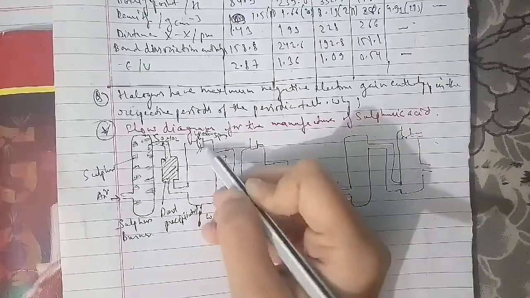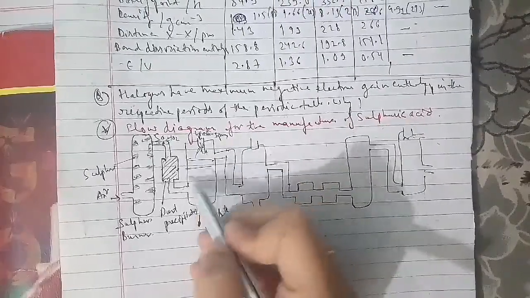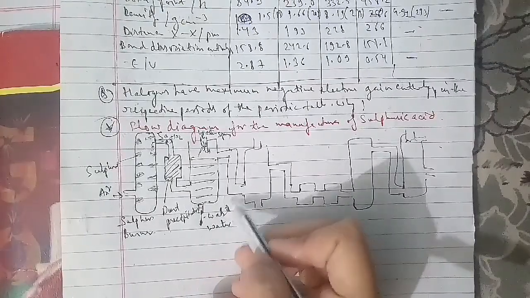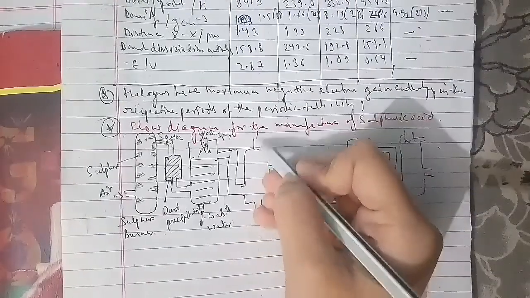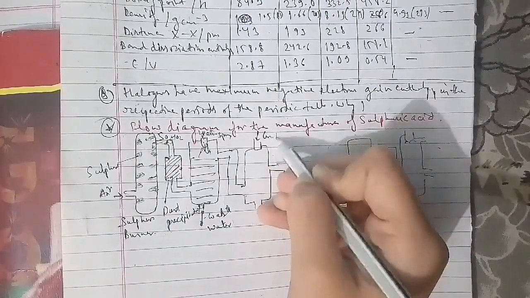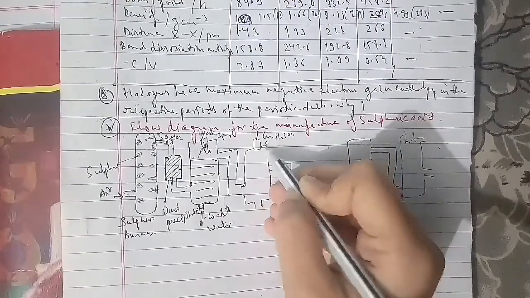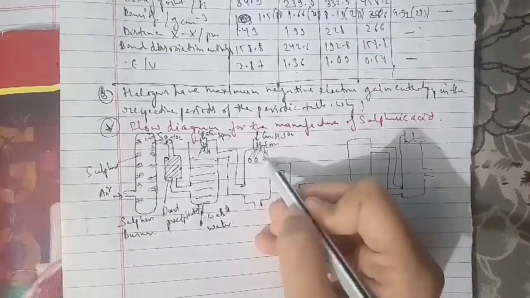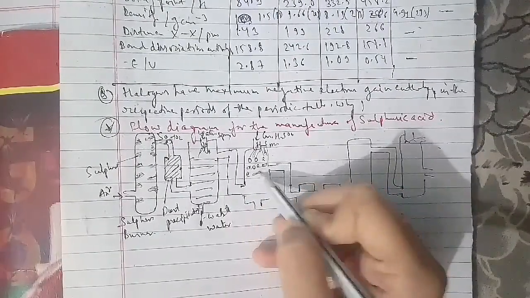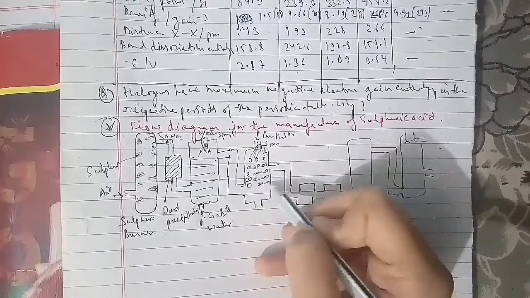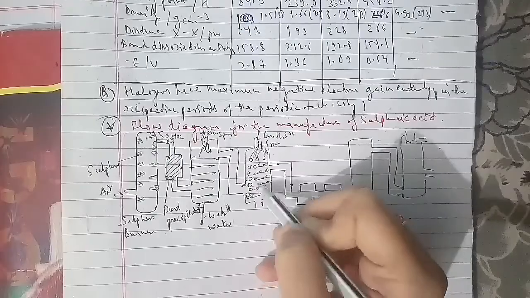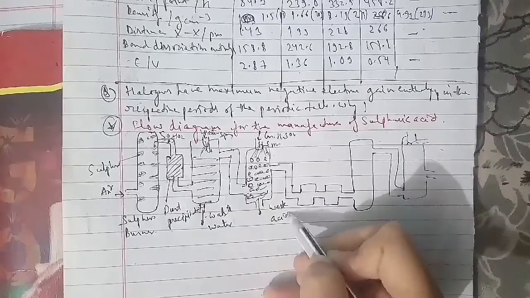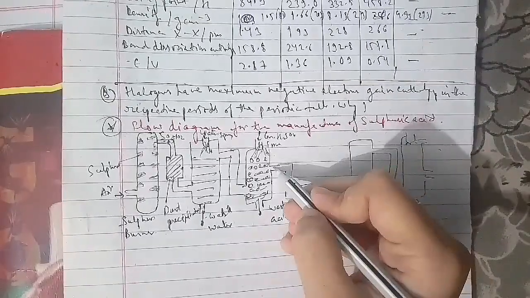After that, this has been inserted here, which is your concentrated H2SO4 spray. This is here, that is your waste acid. Then it is coming from here to here. This is your dry SO2 plus O2.